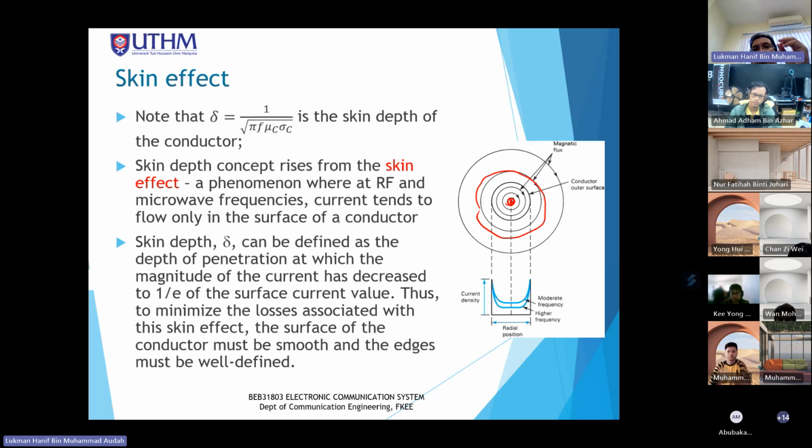At the beginning the wave travels at the core of the conductor, but as the frequency is very high, the wave tends to look as if it travels along the surface of the conductor.